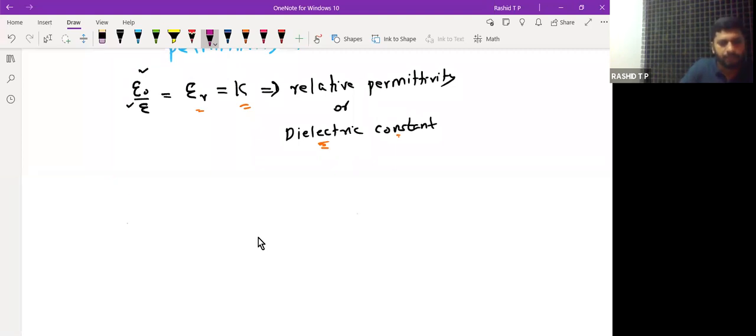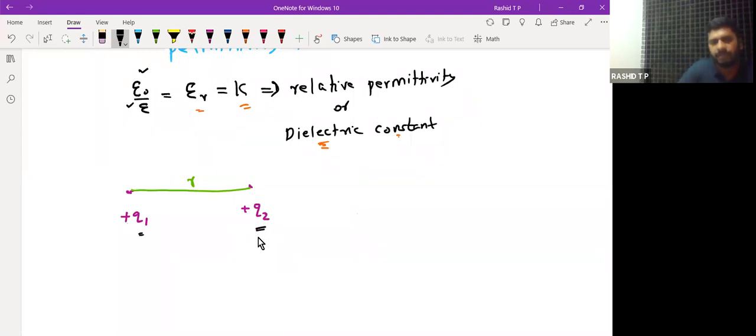If you have two charges, let me write this is a plus Q1 charge and this is a plus Q2 charge. Both are positive charges. The separation between the charges is R, and now I am expressing the force. I want to find the force experienced by charge 2 because of 1.